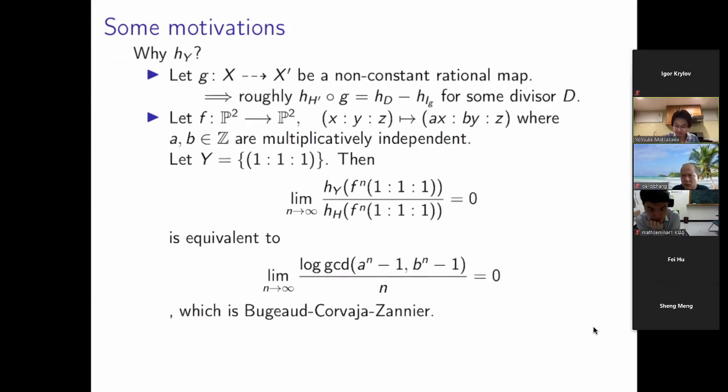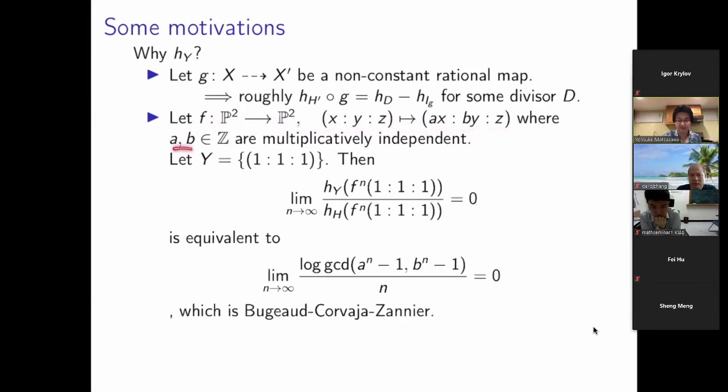And the second motivation is that the question could sometimes be purely arithmetic. So let's consider a particular endomorphism on P². So this is defined this way: (x, y, z) goes to (a·x, b·y, z).